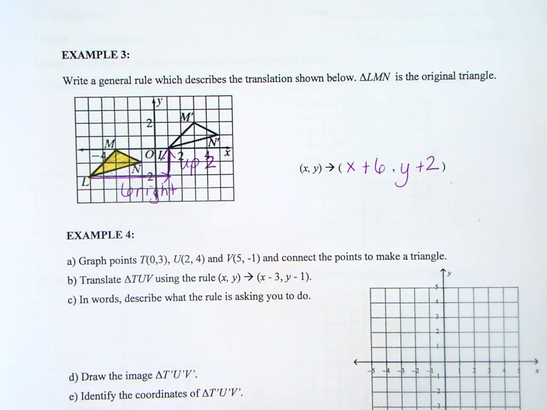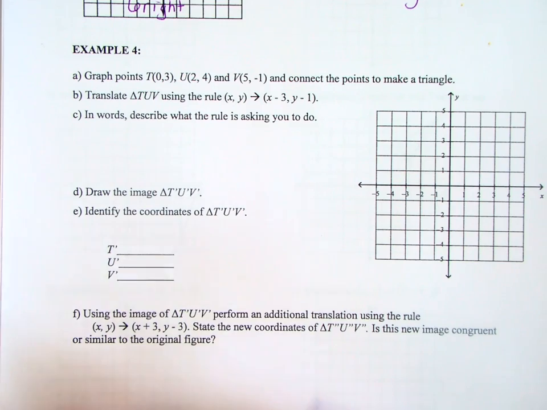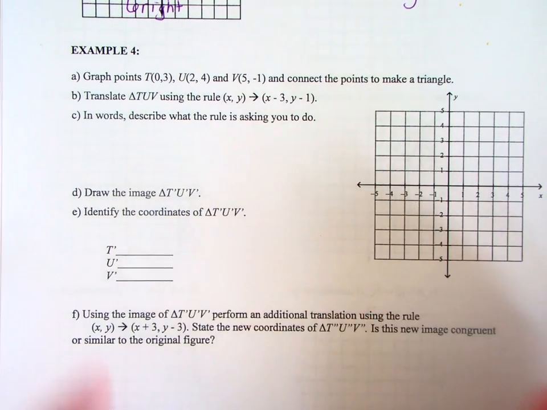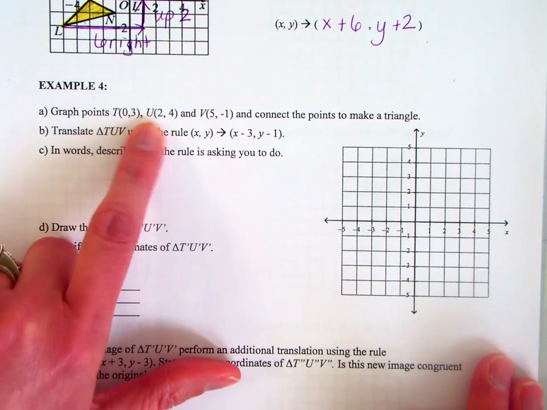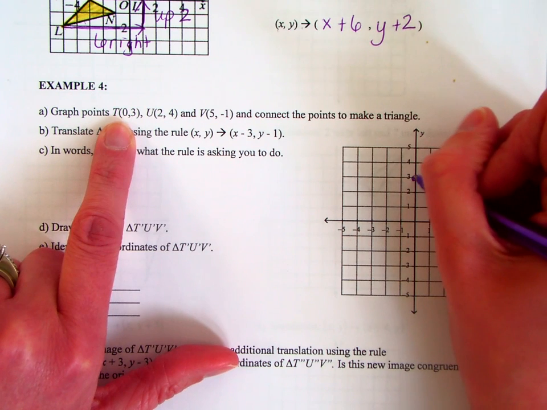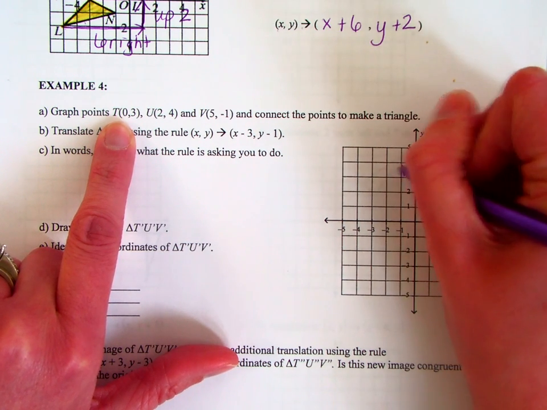All right, last example together. We're going to graph the points and make a triangle. So let's start with our T, U, and V here. We got T 0, 3, U 2, 4, and then V is 5, negative 1.